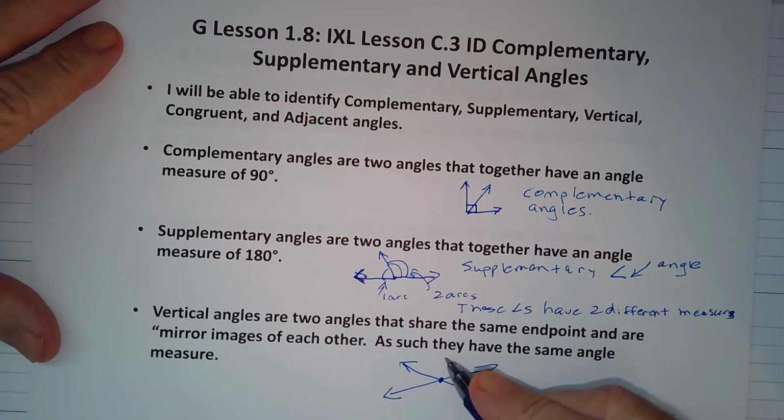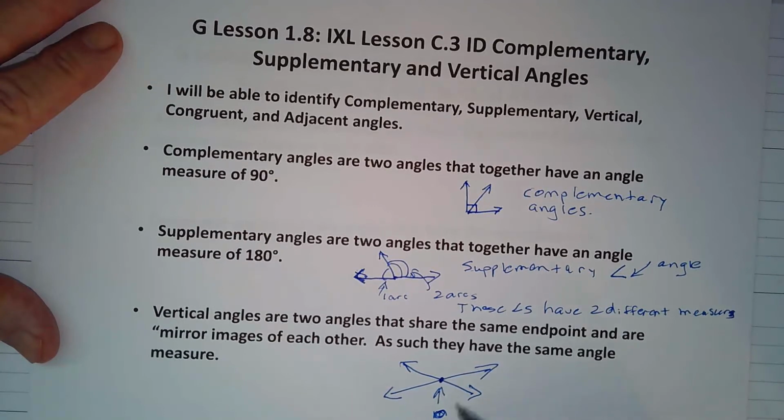Let's use E for endpoint, because it's the endpoint of each angle, but it's in the middle of the picture. And then this angle here and this angle here are the same measure.